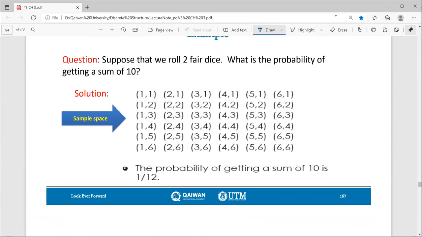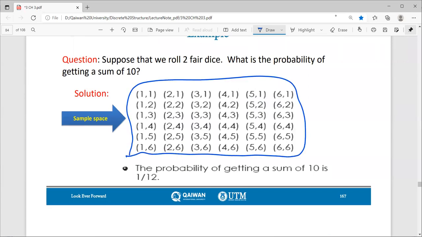That's it. This is the sample space of rolling 2 dice or a dice twice. It says find the probability of getting a double. Look, these are doubles. We have only these 6 doubles.